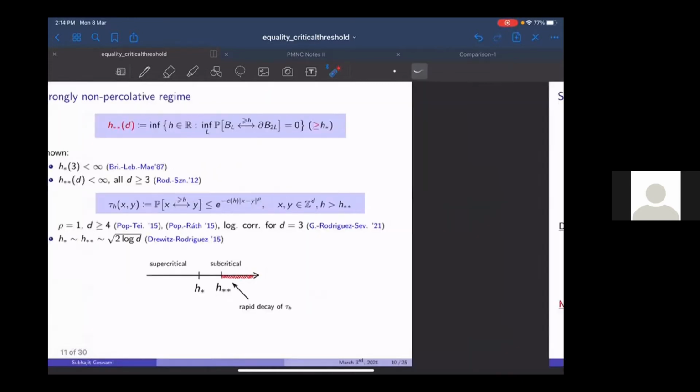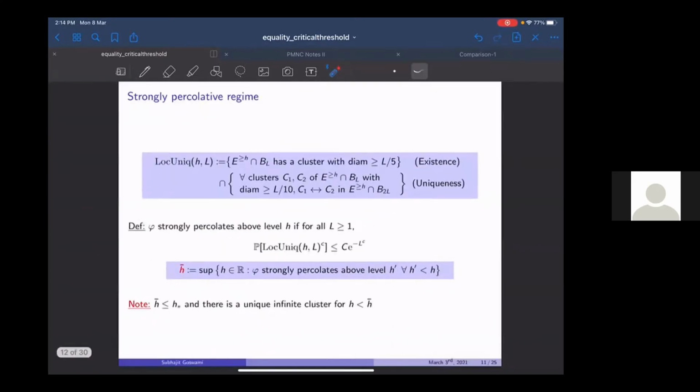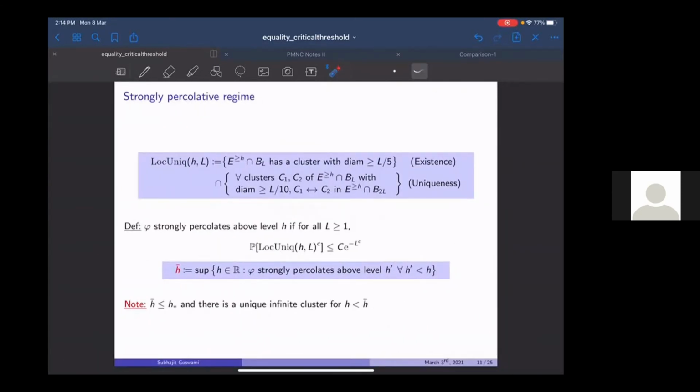Okay, but we did something opposite here. Exactly what we did is that we came up with a condition that has been designed to give you this uniqueness, or this kind of large connection probabilities, for free, essentially. It has been designed that way. Although that helps you a lot to study the properties of the model when h is less than h bar.